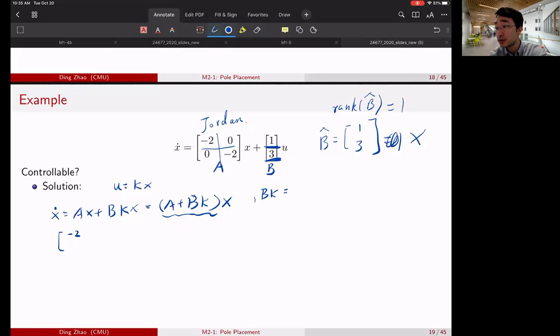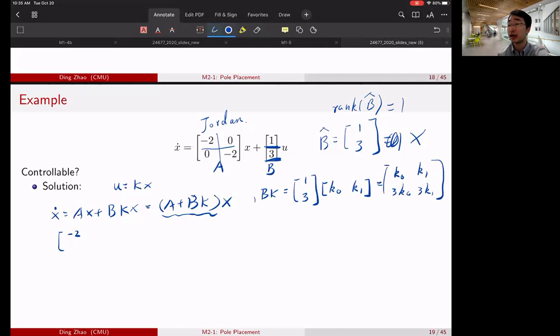B is 1, 3, and K is just a row, so that will be k0, k1. So BK will be k0, k1, 3k0, 3k1. Right, so that's our BK, and we add that to A.